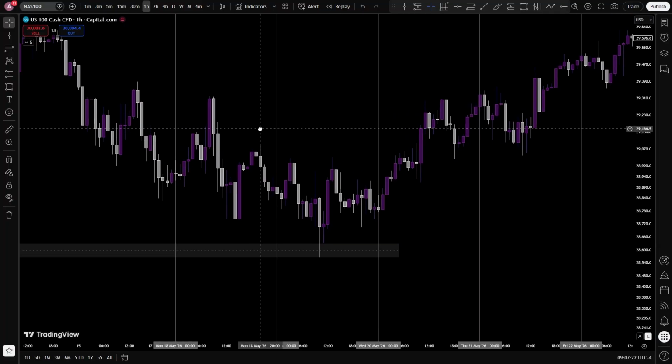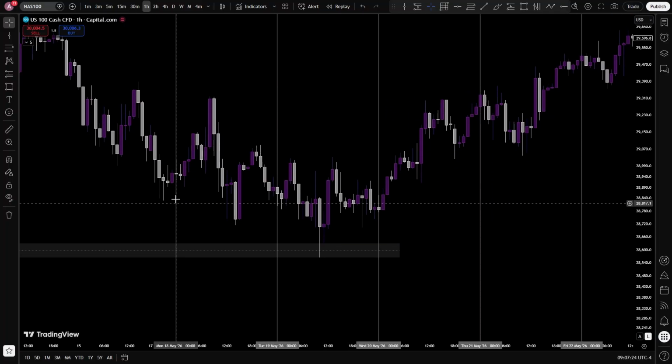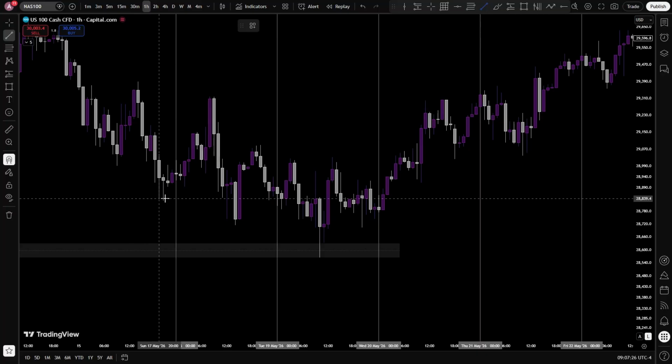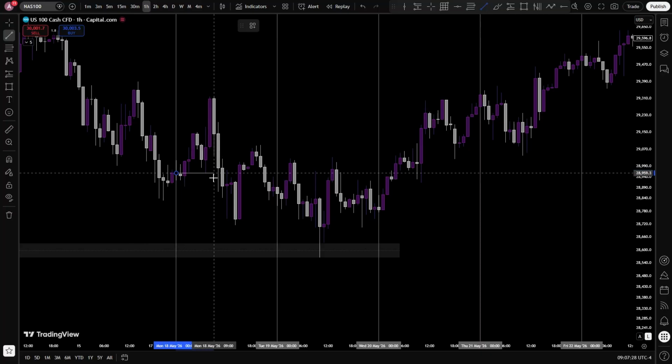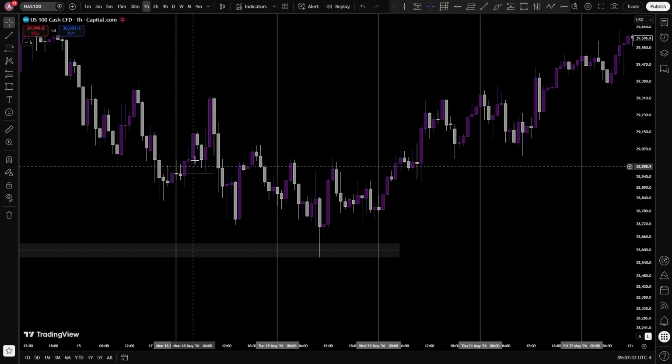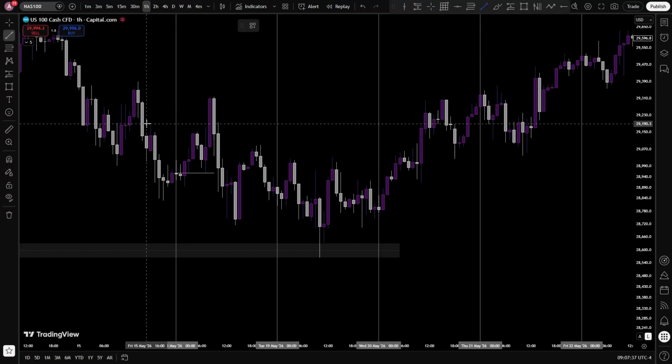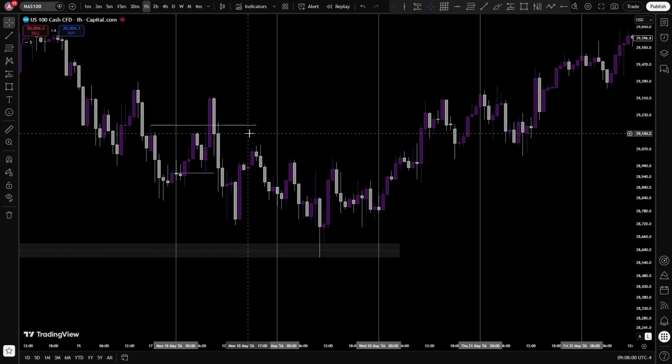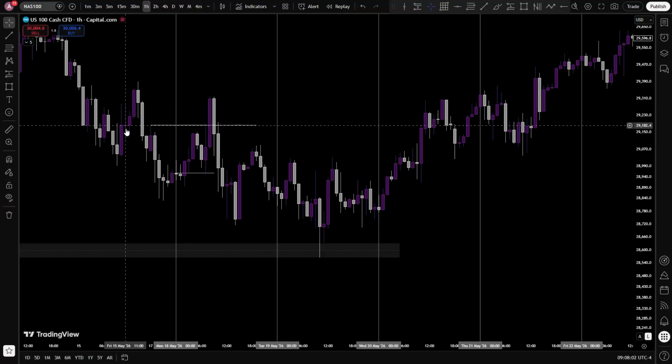So if we take a better look, we got this part here, which is the open of that week or that day, Monday. After that we got the movement, bullish movement, which is the Judas Swing of that day. Every candle on every time frame has Judas Swing.